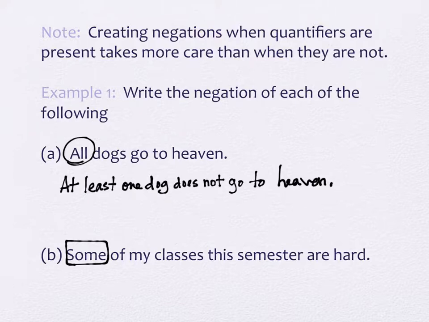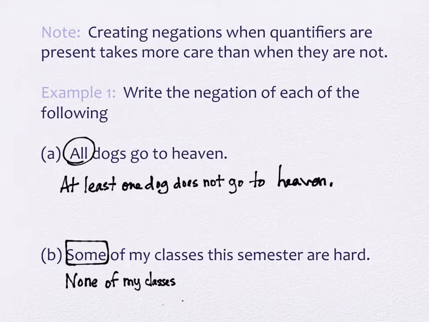So one way to change the word some is to change it to the word none. Right? Some of my classes, now I'm going to say none of my classes. Okay? I'll do the other one in a minute, which says all of my classes. That would be the opposite. So none of my classes what? Are hard.